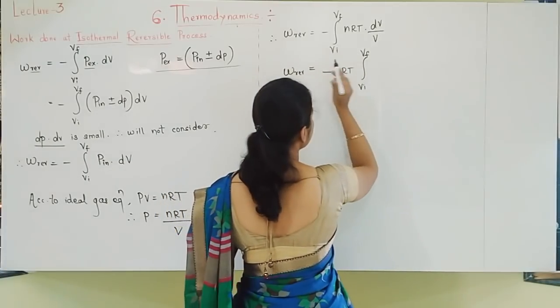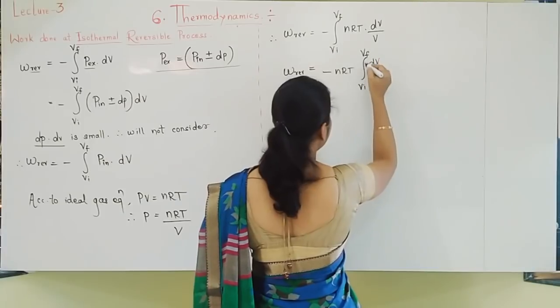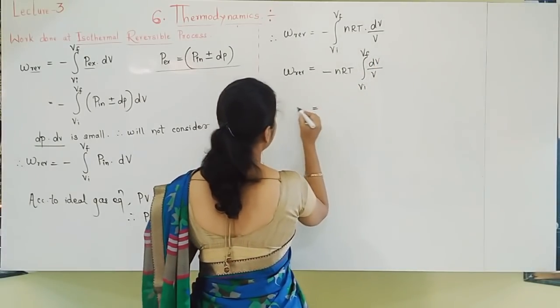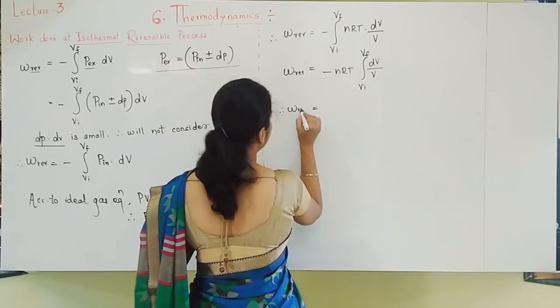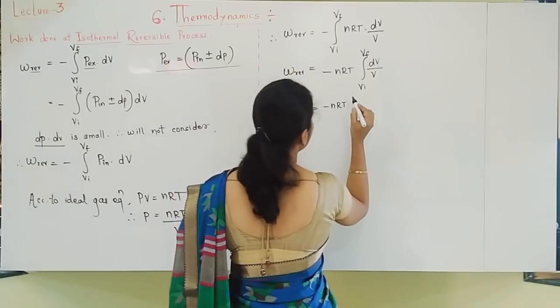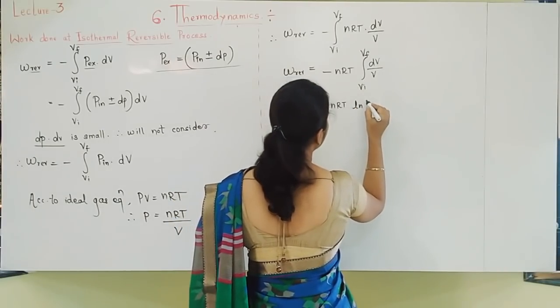So the constants are taken outside, leaving dV by V, and the integration of dV by V is ln.